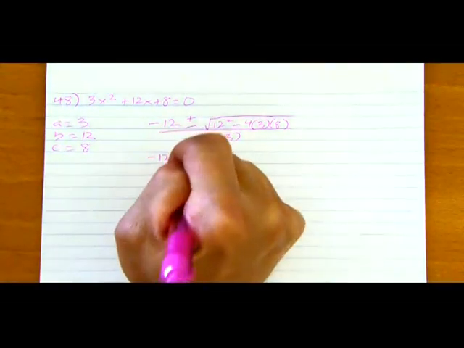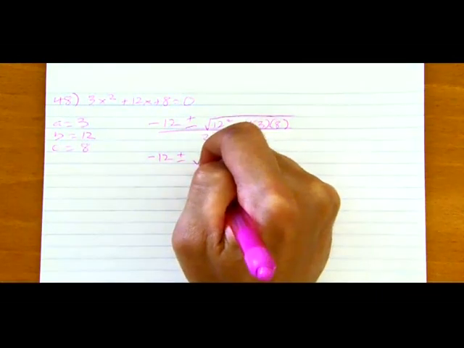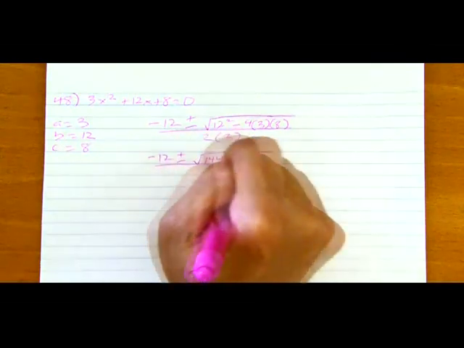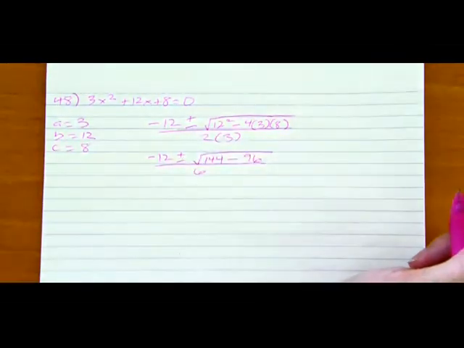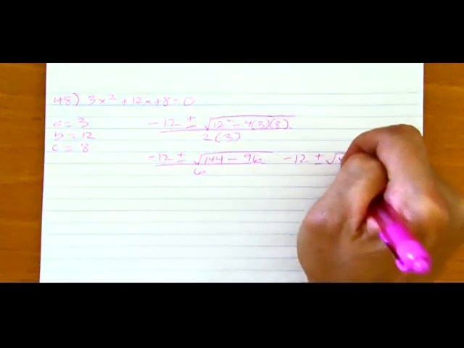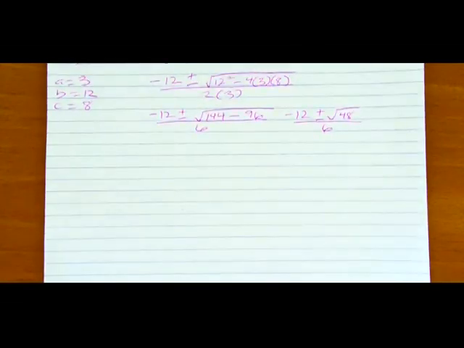Negative 12 plus or minus 144 minus 96 over 6. Negative 12 plus or minus radical 48 over 6. Okay. Let's see. The square root of 48.